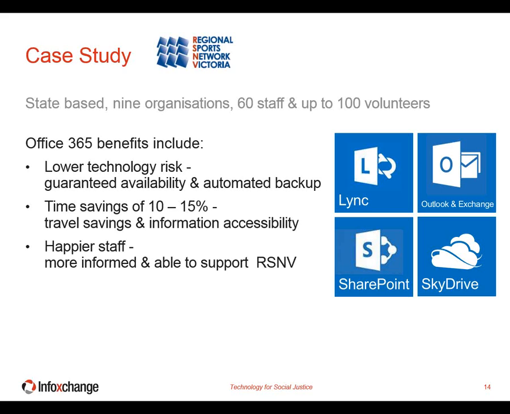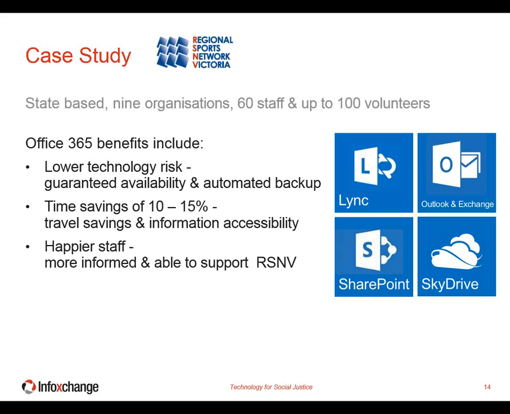Staff work at RSNV because they want to develop and are passionate about community support, about community sport. And prior to Office 365, it was hard to provide local clubs and sporting organisations high quality advice because it could be difficult to find the right information.